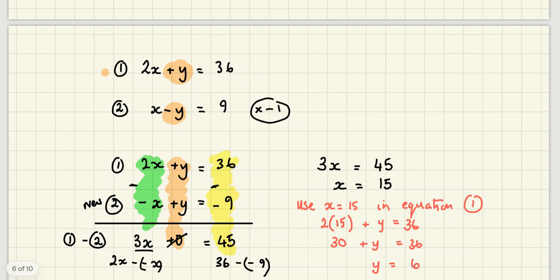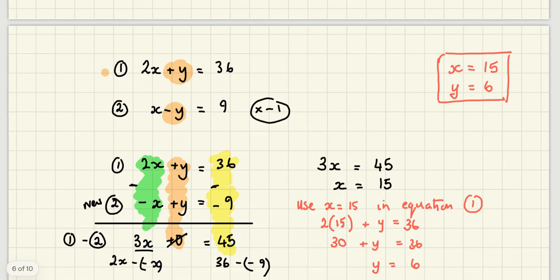So we've got our solution, which is x equals 15, y equals 6. So I should always make it clear what my answer is, because people end up kind of writing all over the place. So a nice clear box with your 2 solutions next to each other is really important.